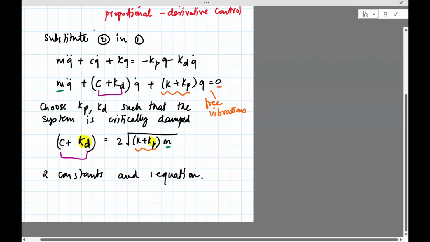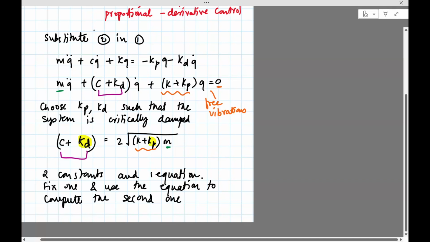So fix one and use the equation to compute the second one. You can choose either one.